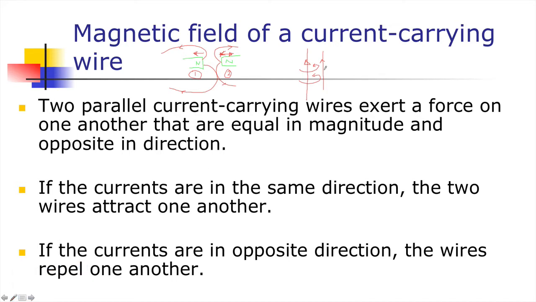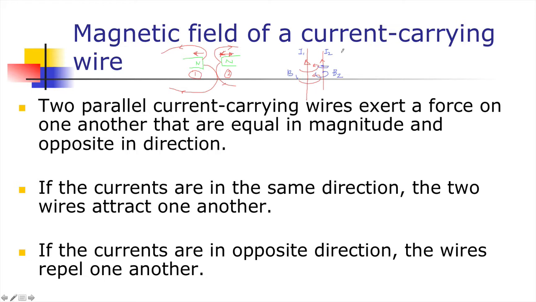Then this one is also going to have a magnetic field, right? If you call this current 1 and this current 2, then the red one produces its magnetic field B1 and this one produces magnetic field B2. If they are close to each other, their magnetic fields will start to interact.